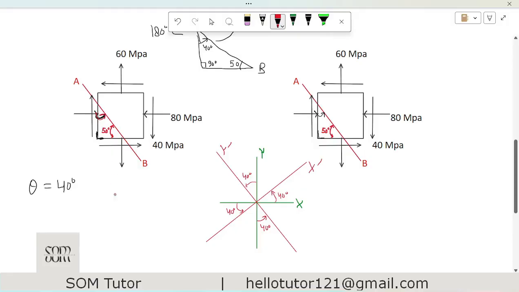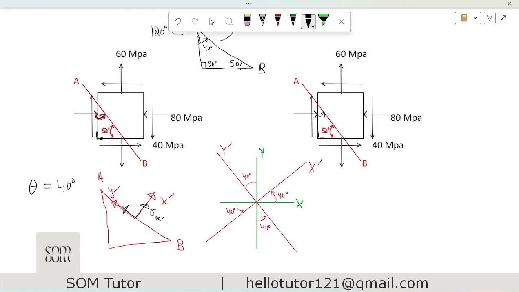Now if we again draw this, this is our A, this is our B, and you can see here this is x prime and this is y prime. Now here we are going to assume sigma x prime. And here we are going to assume tau, not sigma, because along the plane we have shear, not the normal.